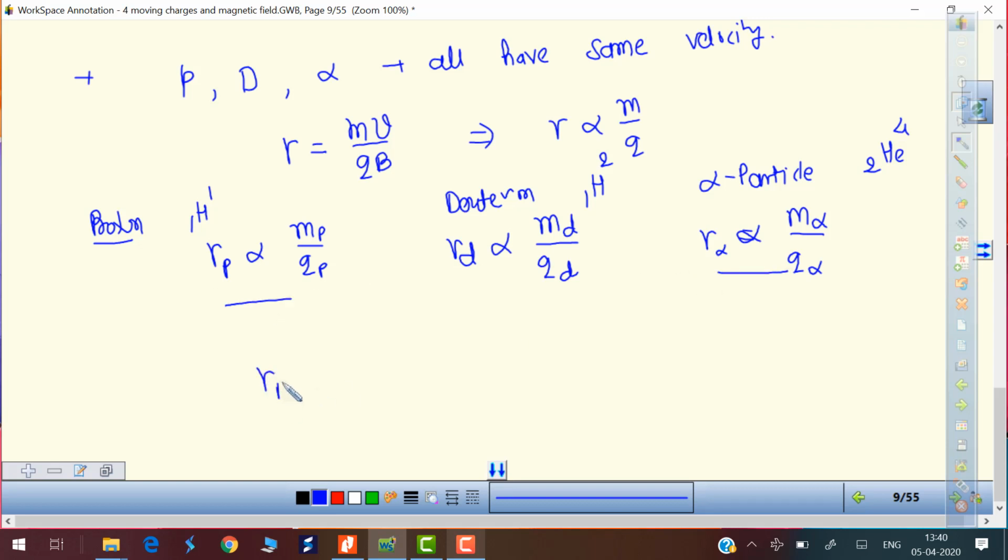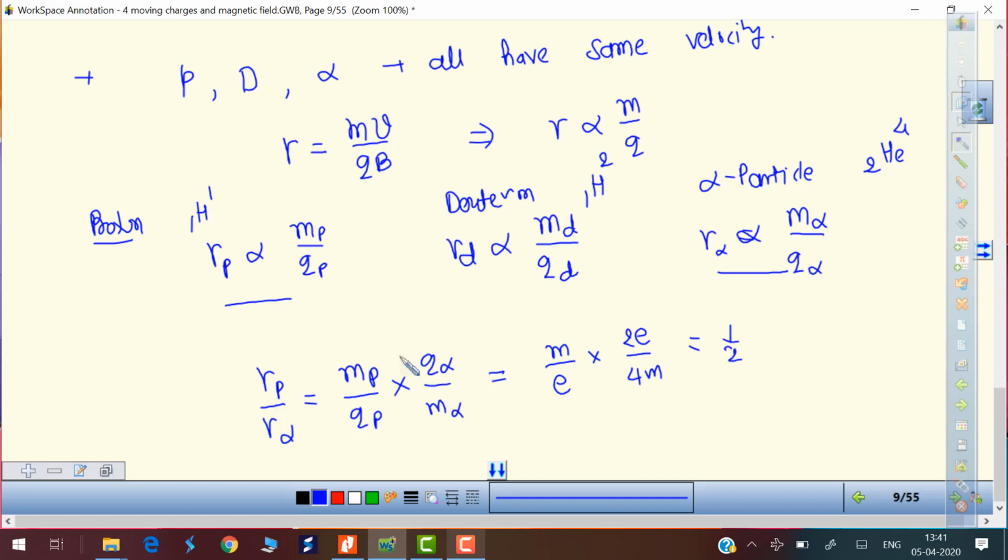So Rp upon R alpha is Mp upon Qp into Q alpha upon M alpha. Mass of the proton I write m, charge of the proton I write e, charge of the alpha particle is 2e because it has two protons, and mass of the alpha particle is 4m. You should know this, then you can solve it. So it becomes half.